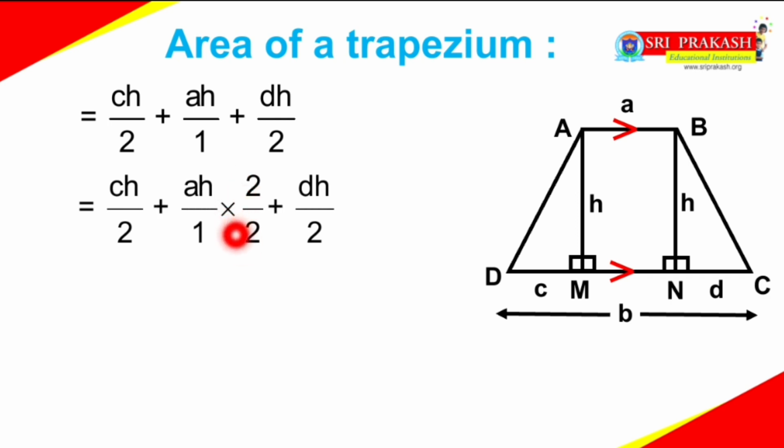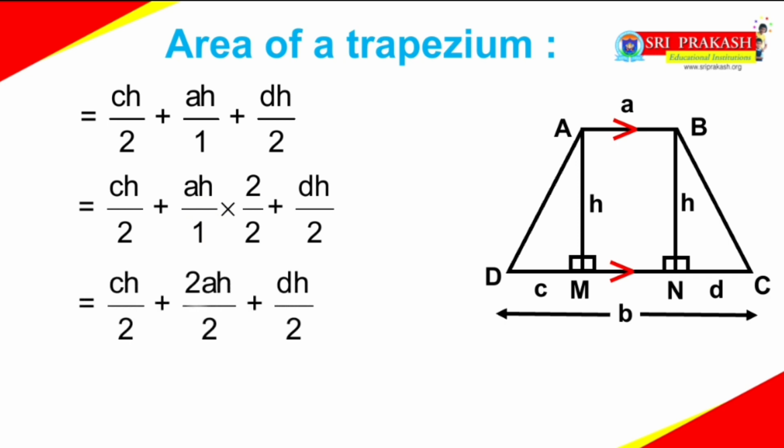Isn't it? Yes. Now, by simplifying these fractions, we get ch by 2 plus 2ah by 2 plus dh by 2.